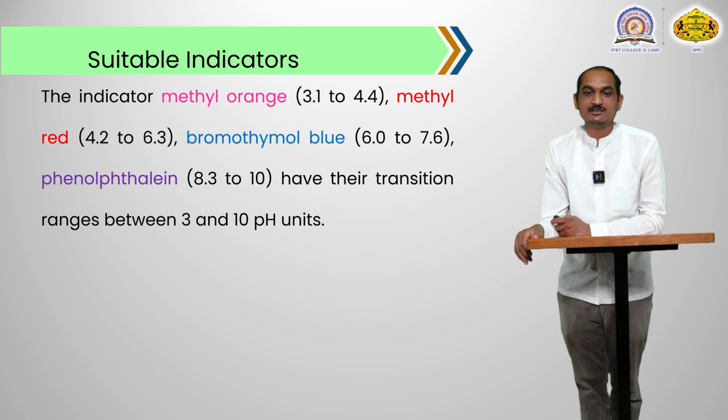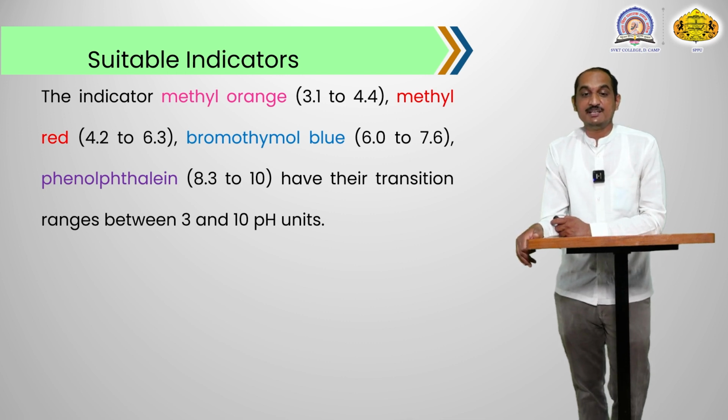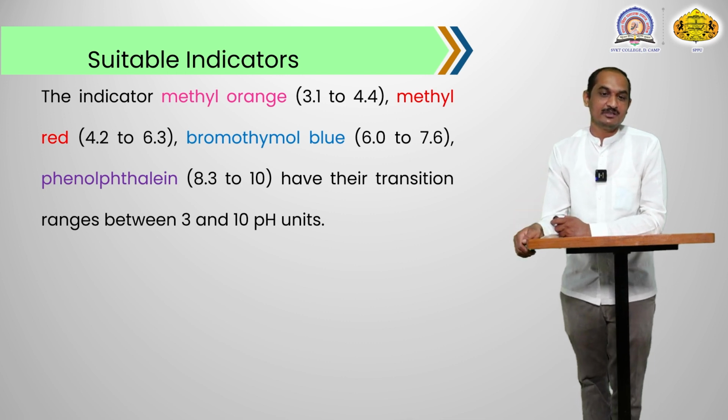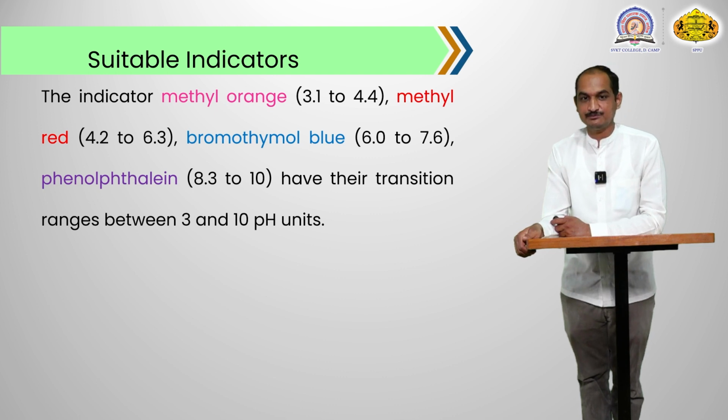Methyl red has a range of 4.2 to 6.3, bromothymol blue has a range of 6.0 to 7.6, and phenolphthalein 8.3 to 10 pH units. These have their transition ranges between 3 and 10 pH units.